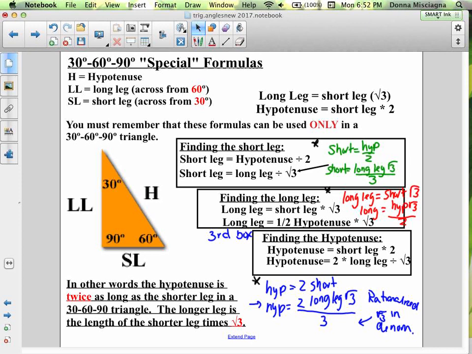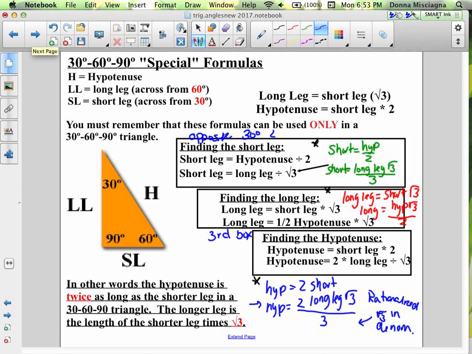All right, so now looking to the next box in your notes, finding the short leg. In your notes, the short leg is opposite the 30-degree angle. The short leg is equal to the hypotenuse divided by 2.